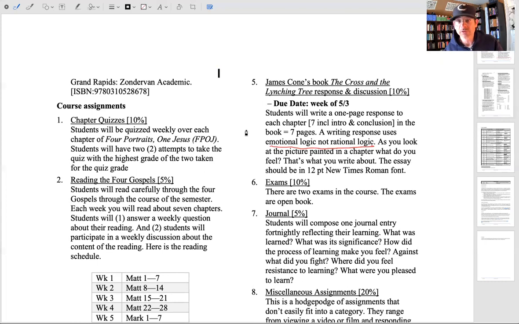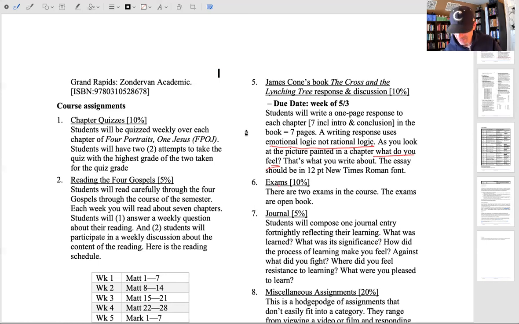That's really important. Our work on this book is not a summary of the contents. It is a reaction. As you look at the picture painted in a chapter, what do you feel? That's what you write about. You write about what you feel, not a summary of the chapter.